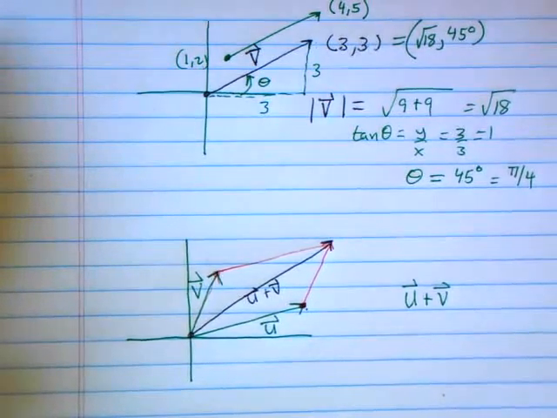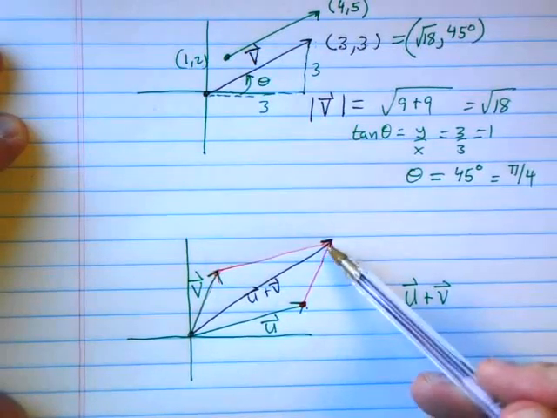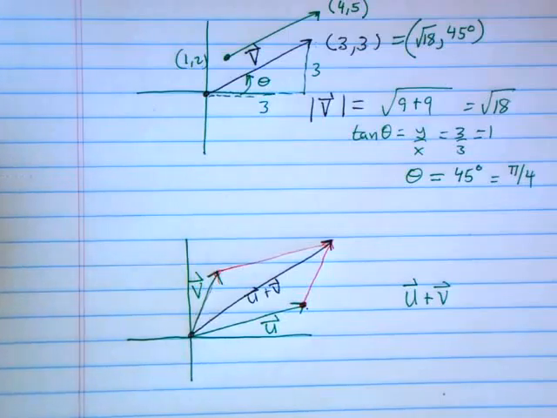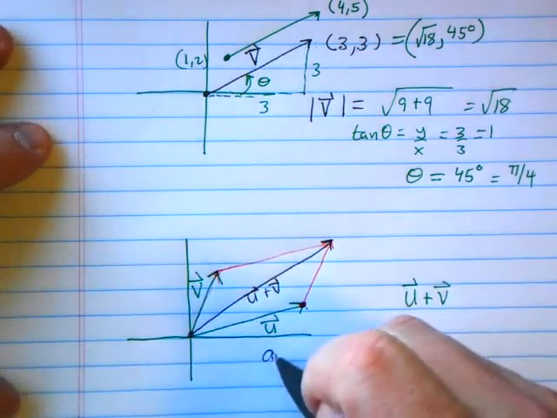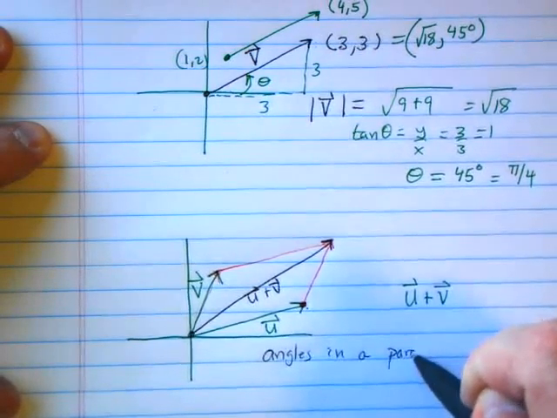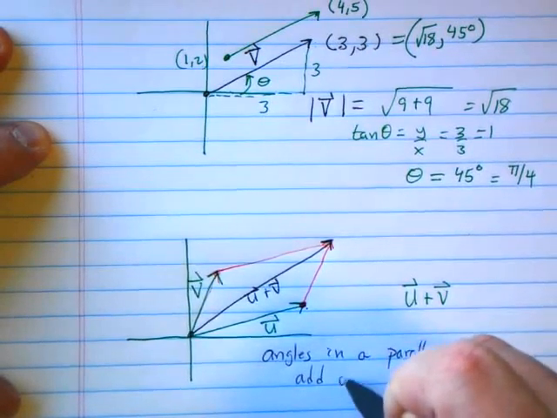Because these two line segments are parallel, and those two line segments are parallel. What do you know about the angles in a parallelogram? They add up to 360. All right, so angles in a parallelogram add up to 360 degrees, and that'll be important for us here in just a minute.